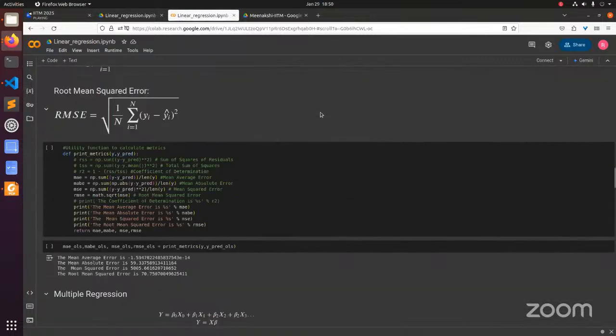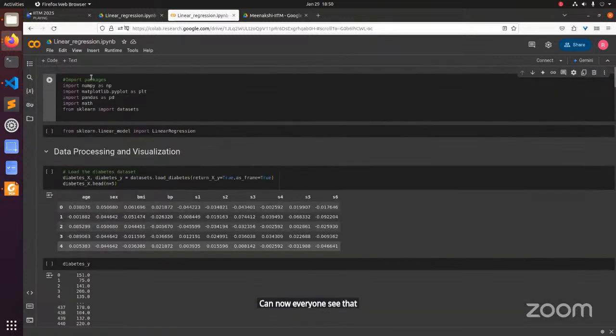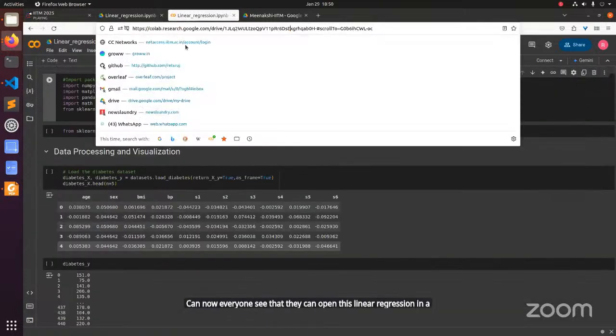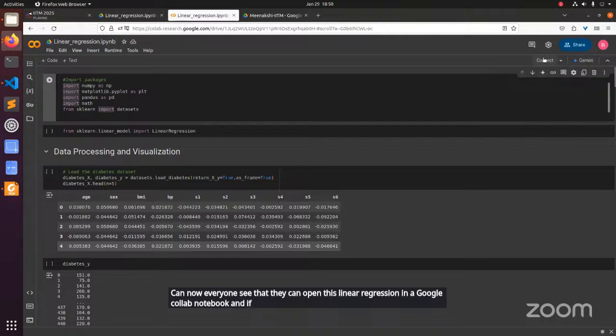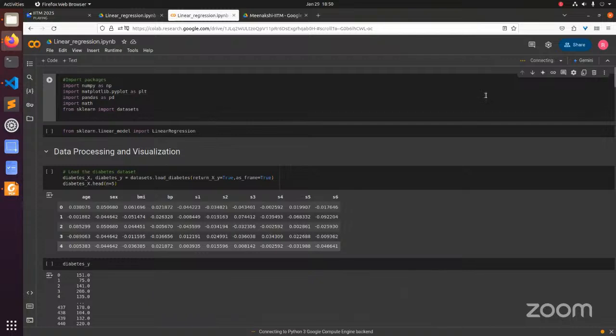Can everyone now see that they can open this linear regression notebook in Google Colab? You need to connect, and then you start running these cells and it will start running. So I'm connecting to Google Colab. It's taking time, just a sec. It got connected.